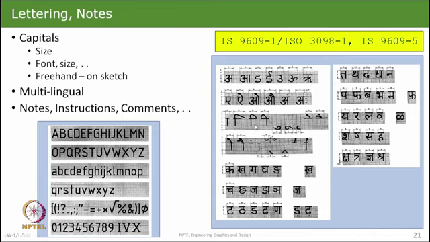And if we have to specify it in a second language, say English and say Devanagari, we will write information in English and accompany it with the same information in the second language. It could be Devanagari, it could be any of the Indian languages, it could be any of the languages in the world. And quite often you will find that if a drawing comes from another country, you will have English as well as their own language written on it.